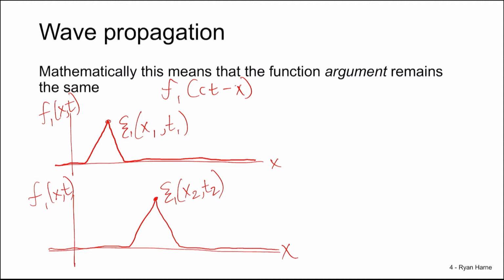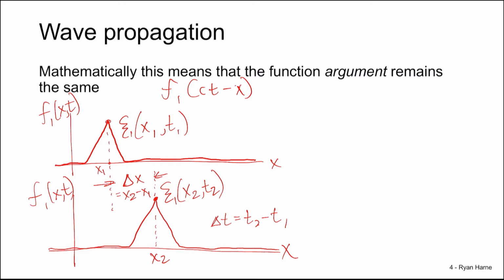So what we have here is that this point in space has propagated delta x, which is equal to x2 minus x1, saying that this is x2, this point being x1, and it has done so in time delta t, which is t2 minus t1.